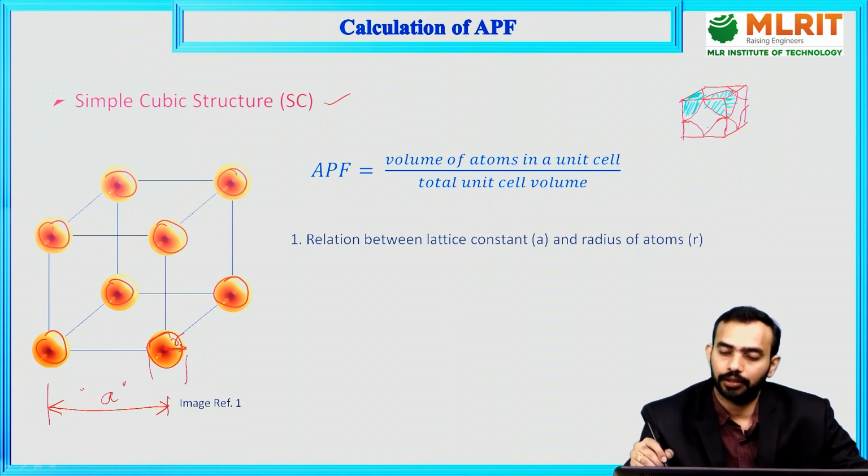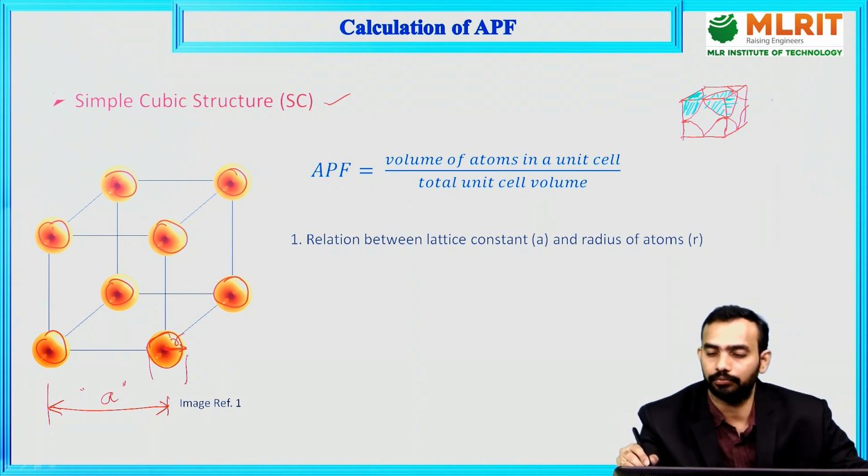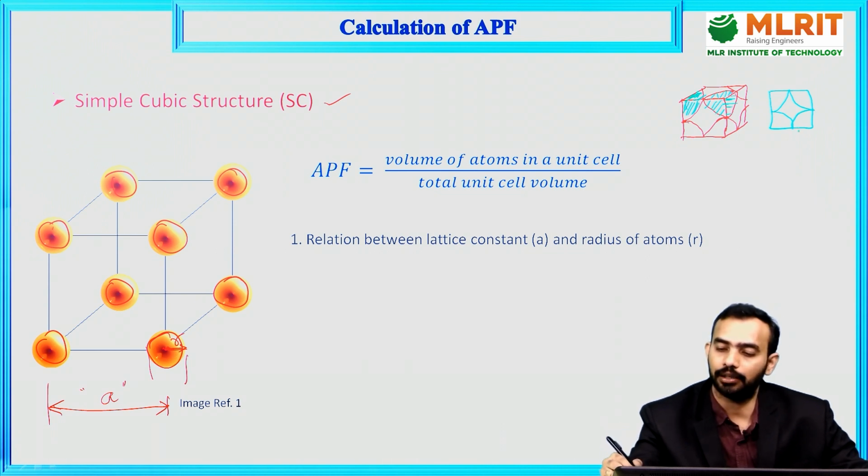If I take only one square face, how can I write it down? The atom is like this, just to identify the relation.